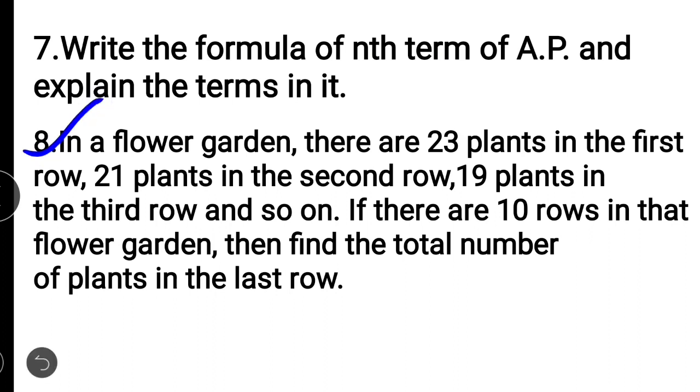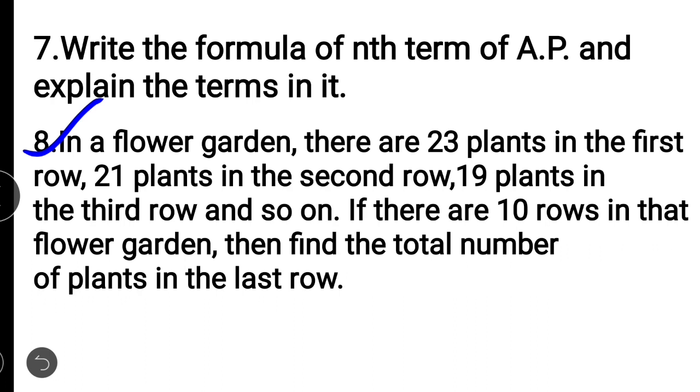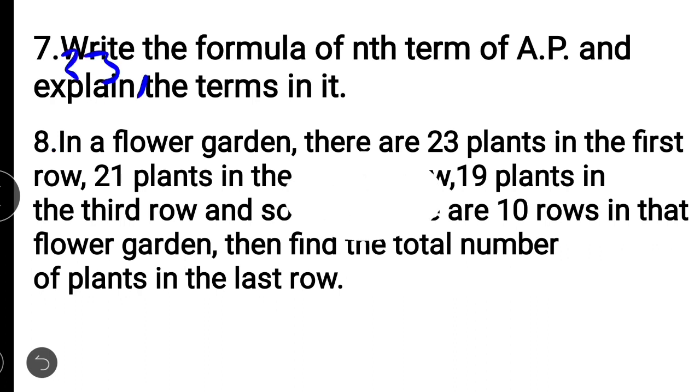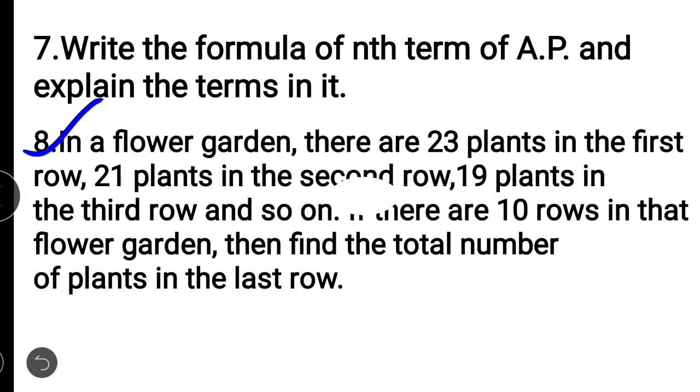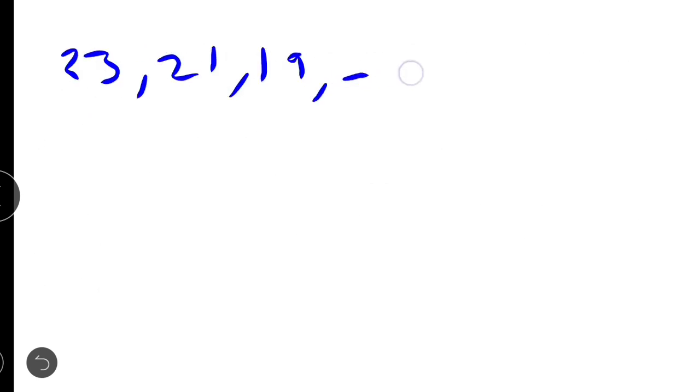Eighth question. In a flower garden there are 23 plants in the first row, 21 plants in the second row, 19 plants in the third row, and so on.